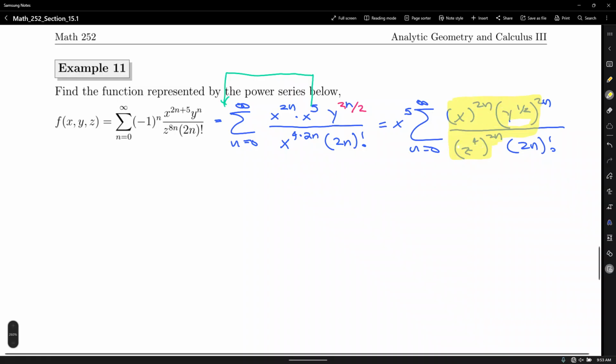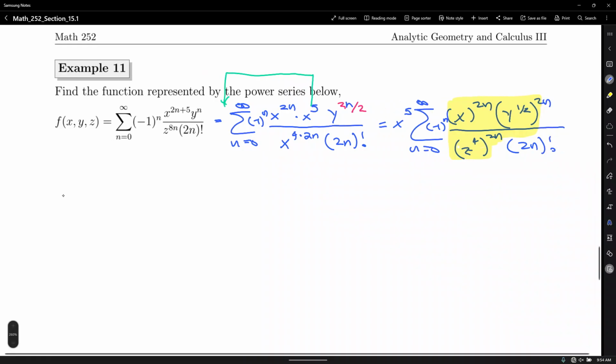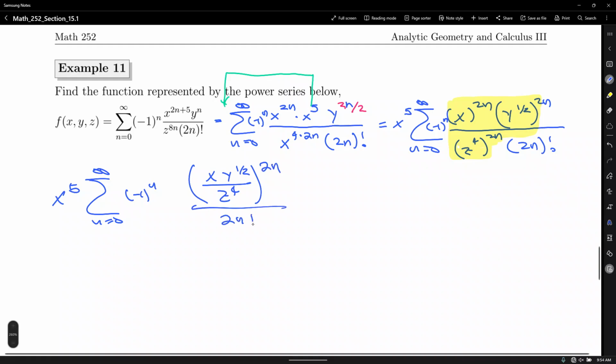I'm going to write this as one single quotient having a common exponent. Yes? What do you do about the alternating factor? Oh, yes, I forgot the alternating factor. Thank you. I was working on the powers, and forgot the negative 1 to the n. So I'm going to write one big fraction: x to the 5th, sigma n equals 0 to infinity, negative 1 to the n, and I'm going to write x times y to the 1/2 divided by z to the 4th, with parentheses, everything raised to the 2n over 2n factorial.